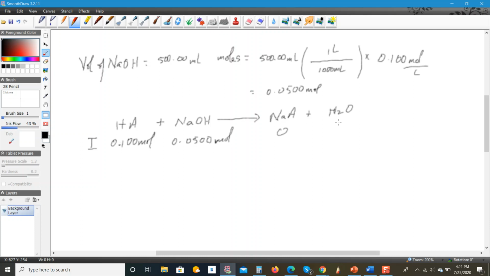And here you're going to have none of that. Again, you don't need to concern yourself with water. The change here would be that since sodium hydroxide is a limiting reactant here, it will be completely used up here.